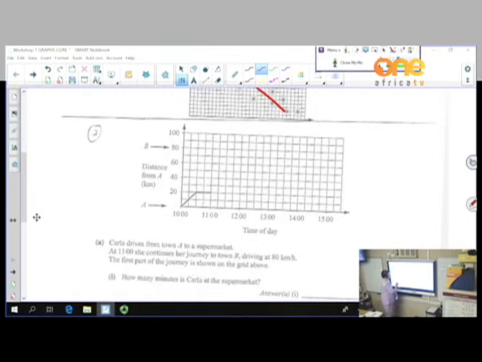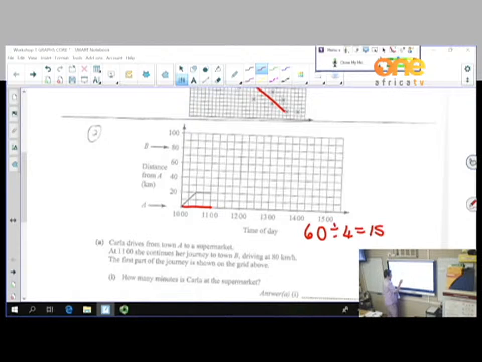Right. The second question, now whenever we work with graphs, the scale of the two axes are very important. You can see they differ. It's totally not the same for the distance and the time. So we first need to find out what is the scale. Now, if I look here, then I have 4 blocks there. 60 minutes in an hour divided by the 4 means that each little block represents 15 minutes.